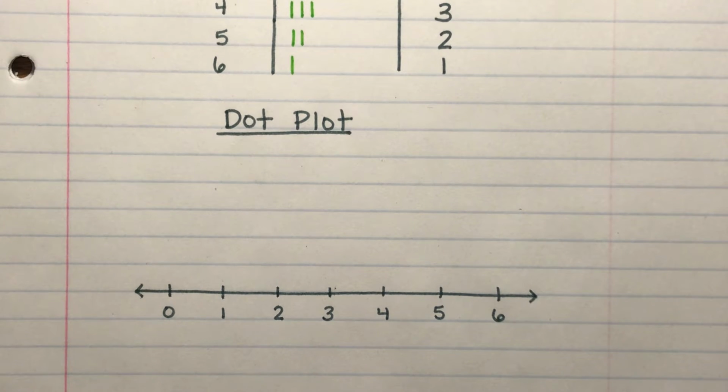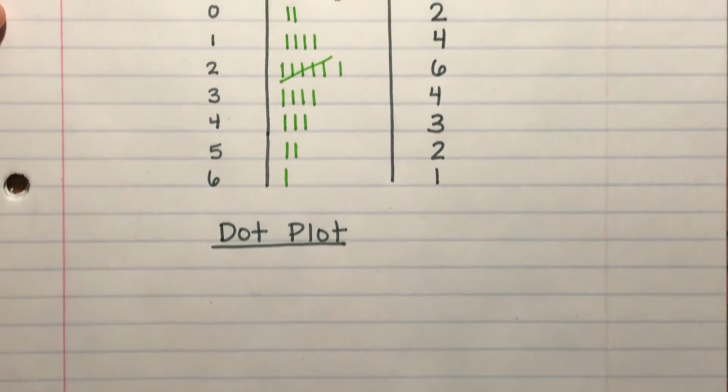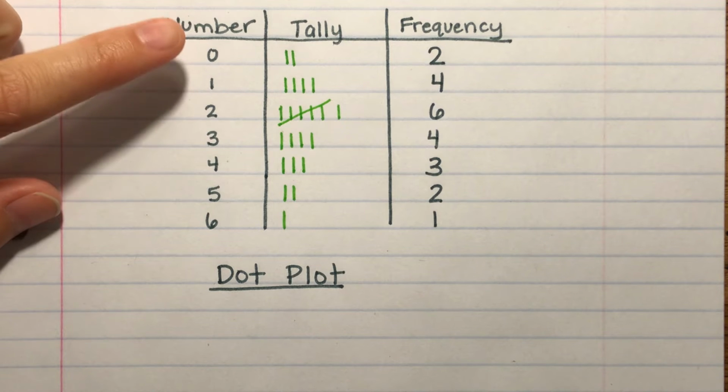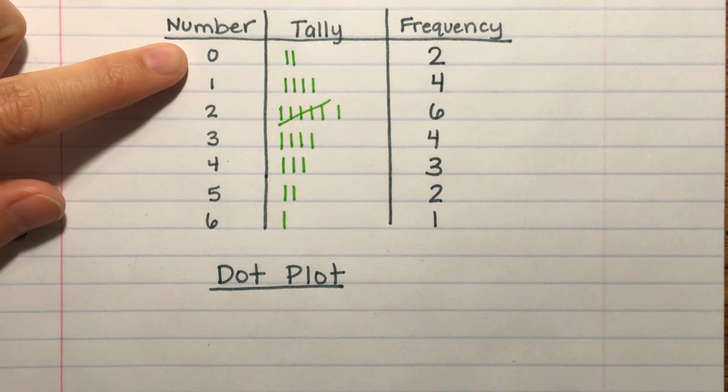All right, now every time I see one of these numbers, I'm going to put a dot above that number on the number line. Like I said, we already have our information organized for us in this table. So I'm coming back up here, and I want to make dots for every time I saw the number 0.